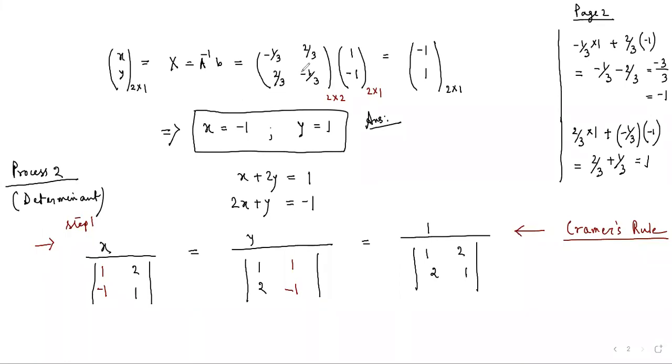Someone has written that there is Cramer's rule and the previous one is Martin's rule. There are various different names, but if you can recall the names, then it's okay, no problem with that. If you do not recall the names, at least try to recall the process by which the thing is done.